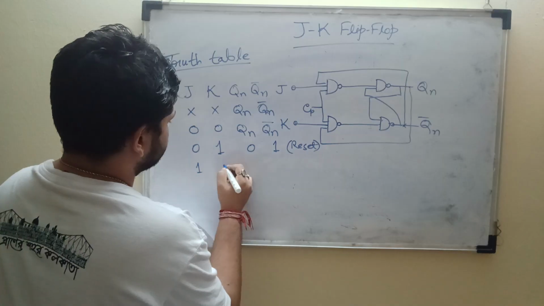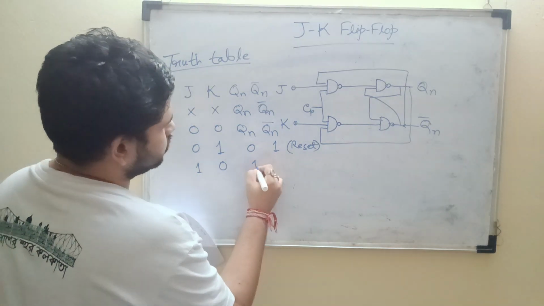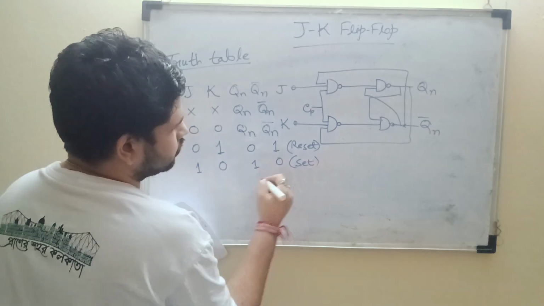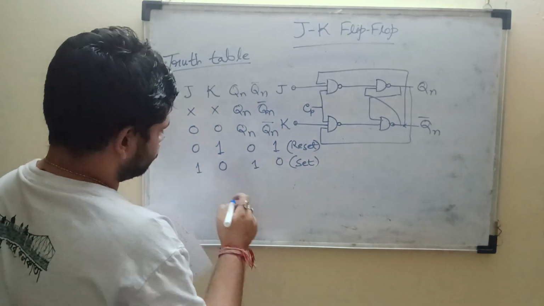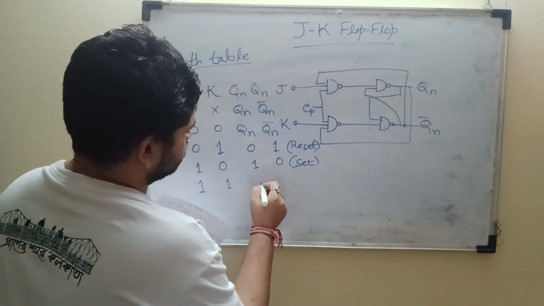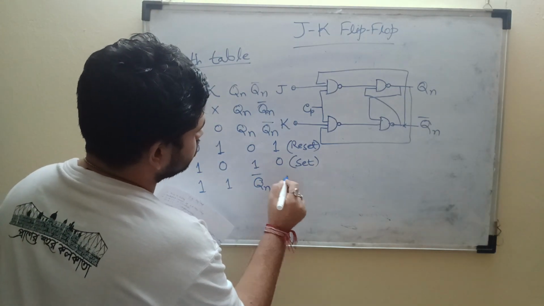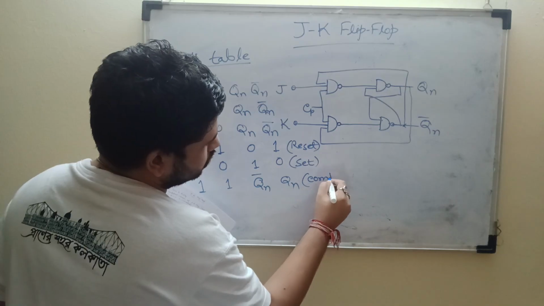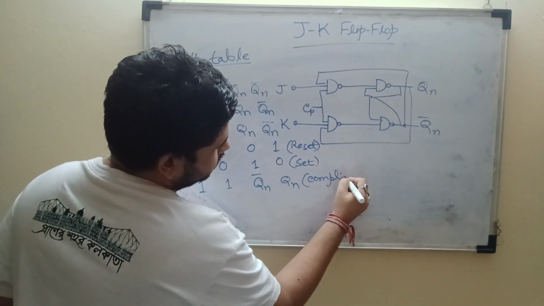When J is 1 and K is 0, it will give 1 0. This is set. And when both the inputs are 1, then Qn gives Qn bar and Qn bar gives Qn, so the outputs are complemented.